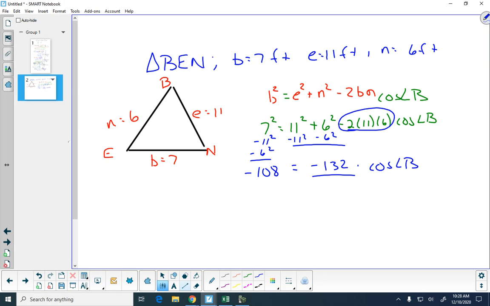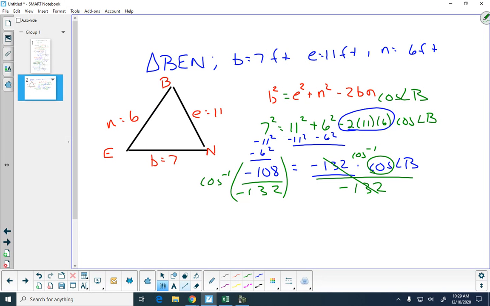Okay, the next thing is to divide by your coefficient. Cancel them out. And don't worry about doing this division yet, just write it as is. Because our last step is to get rid of the cosine here. And Riley, what are we going to do to both sides to get rid of that cosine? Inverse cosine. So we're going to take the inverse cosine of negative 108 divided by negative 132, or if you just want to go 108 divided by 132, that's fine.